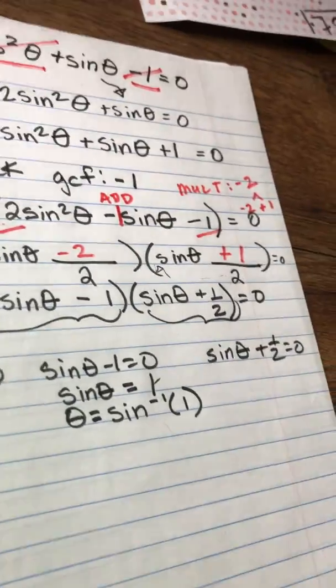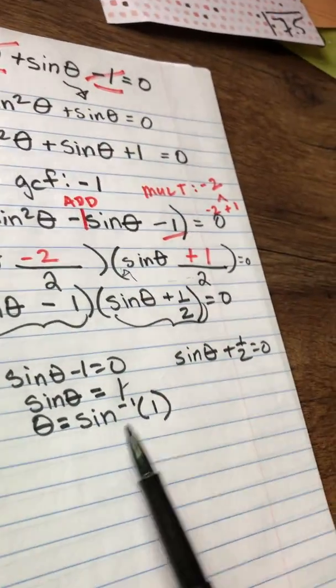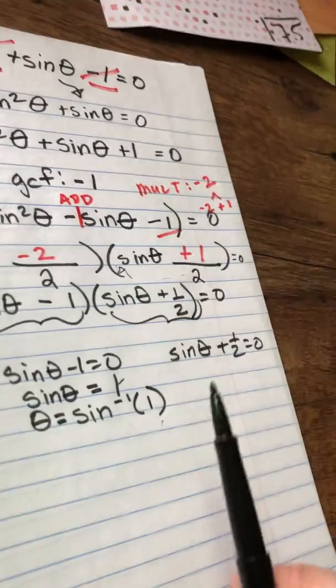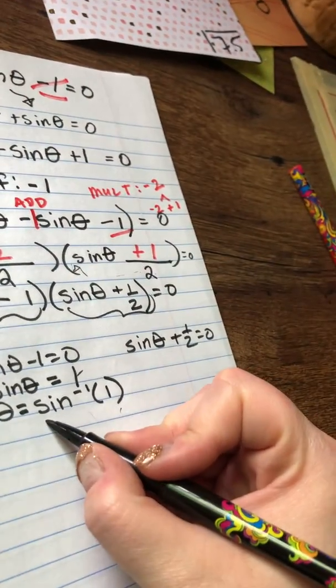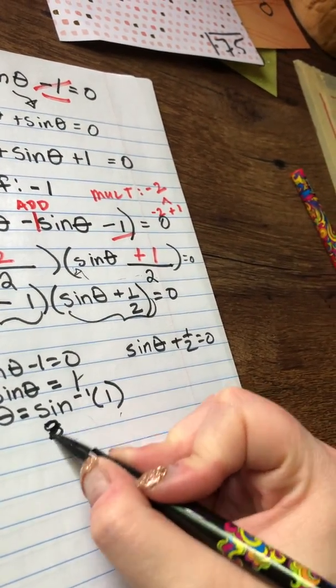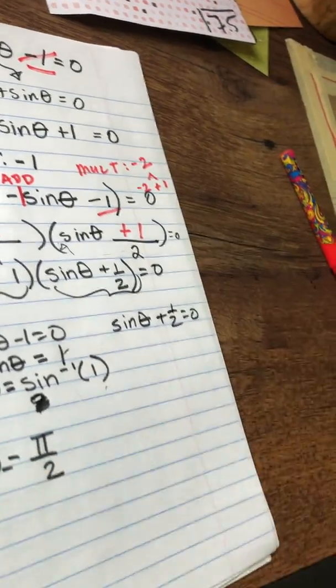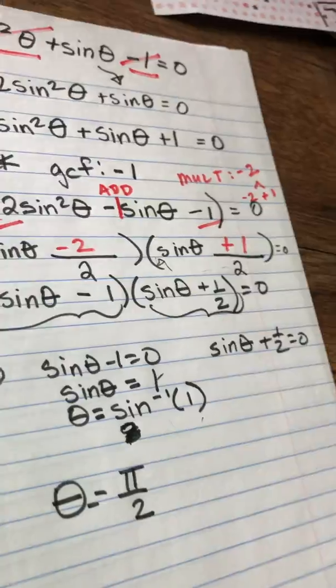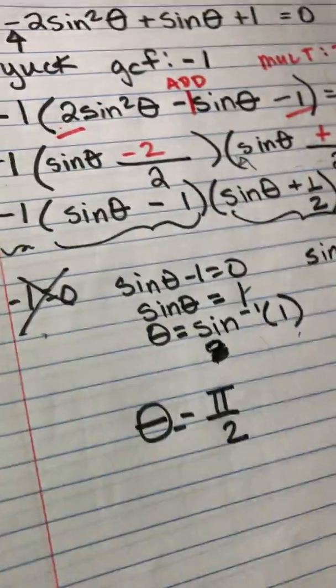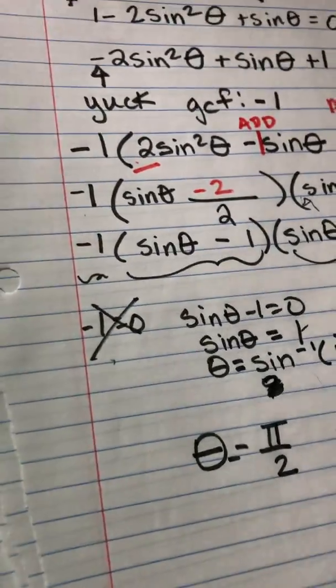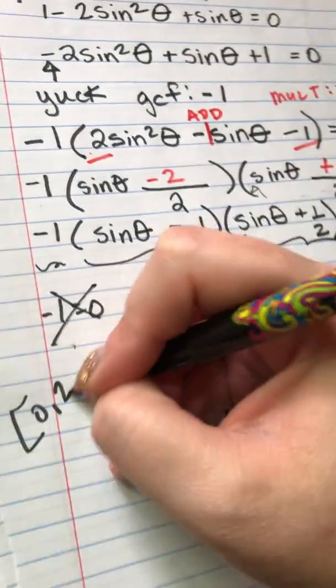Then we look on our circle and we say sine means y. Y is 1 when we have 3 pi over 2 equals theta. And this problem at the very beginning, I forgot to mention it, but it said over the interval 0 to 2 pi.